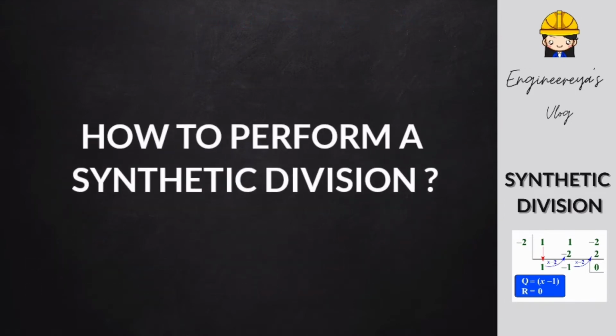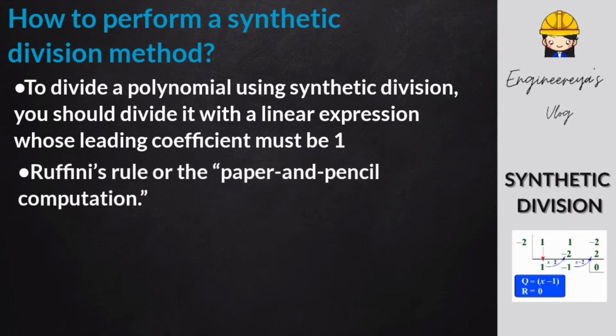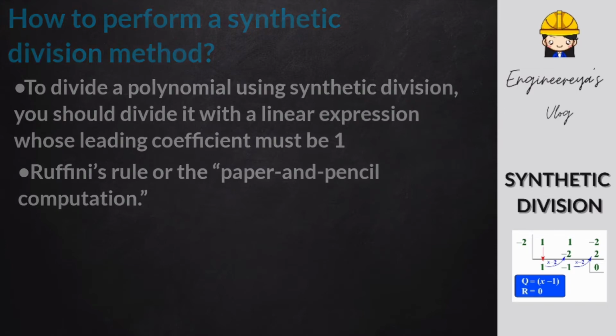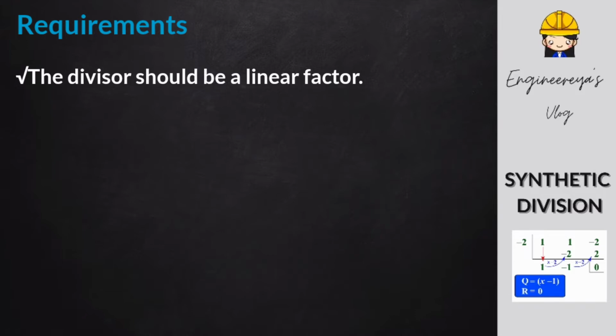Next is how to perform a synthetic division. To divide a polynomial using synthetic division, you should divide it by a linear expression whose leading coefficient must be 1. This type of division by a linear denominator is commonly known as division by Ruffini's rule or paper and pencil computation. For the synthetic division method to be possible, the following requirements must be met. The divisor should be a linear factor.